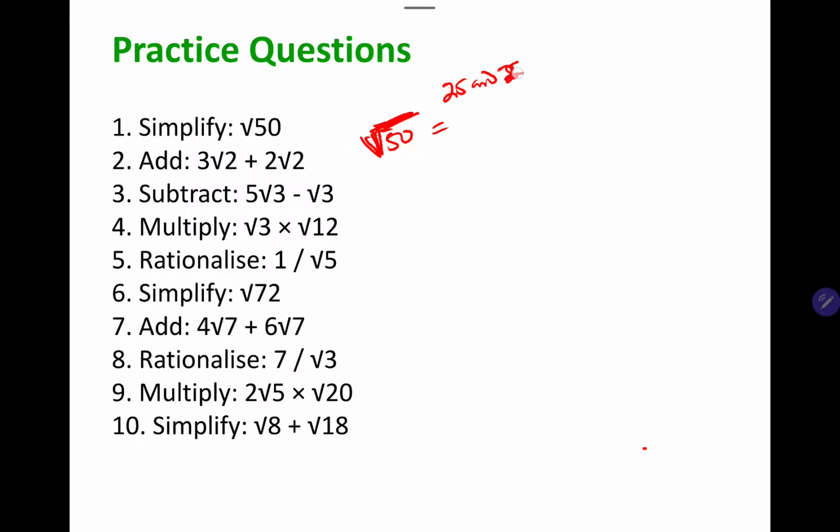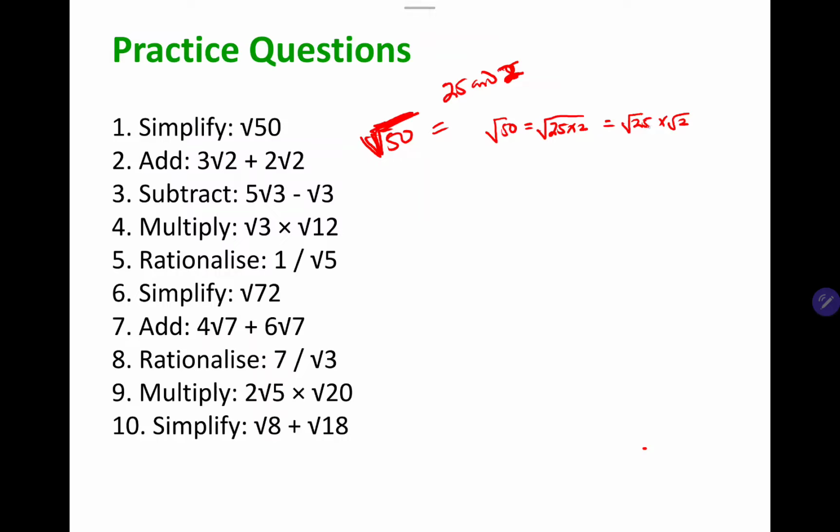No, 25 and 2. 25 times 2 is 50. So we can say root 50 is equal to root 25 times 2. And this is the same thing as the square root of 25 times root 2.